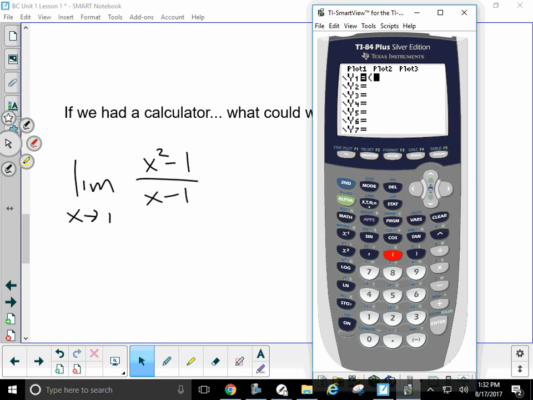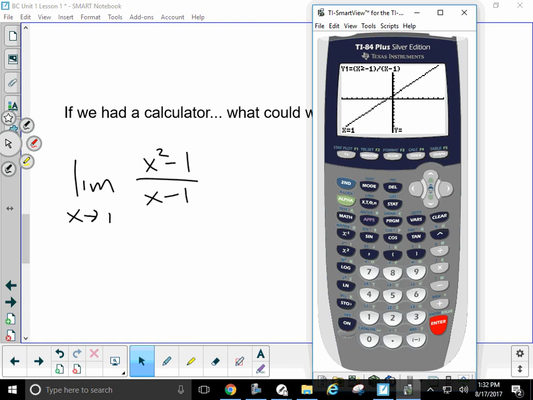and I like to use trace a lot in this class. I don't like to use the table. Table can help us, but I feel trace is a little bit more selective and powerful. When you press trace, you can type in any value and it'll give us the function value. If I type in 1, I notice next to y there is nothing.